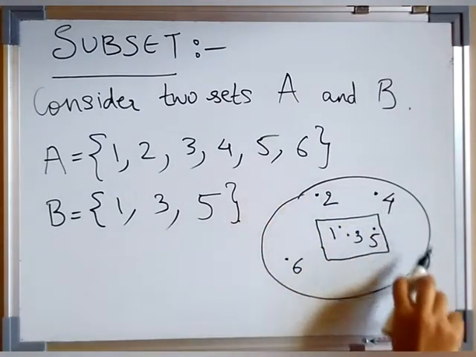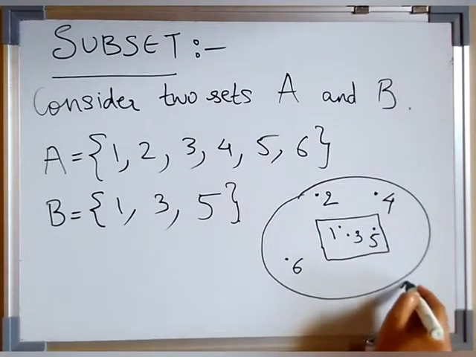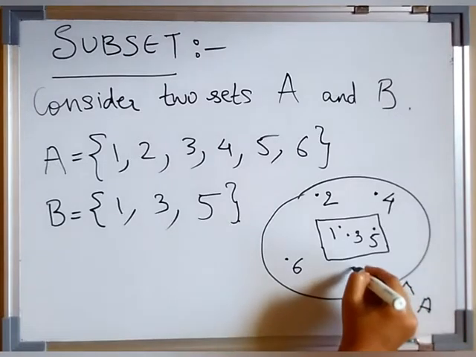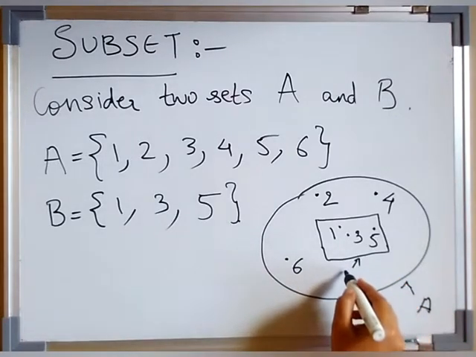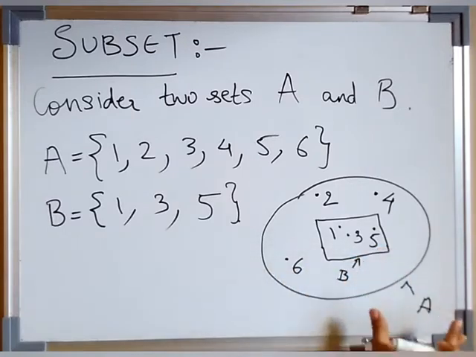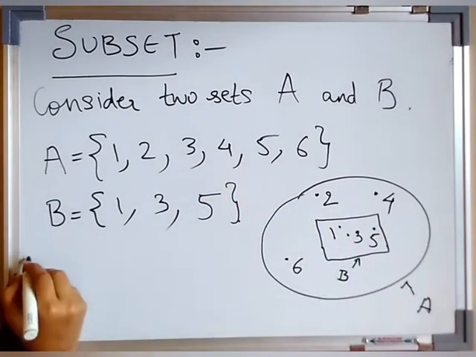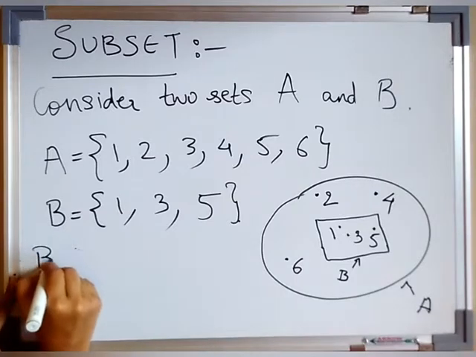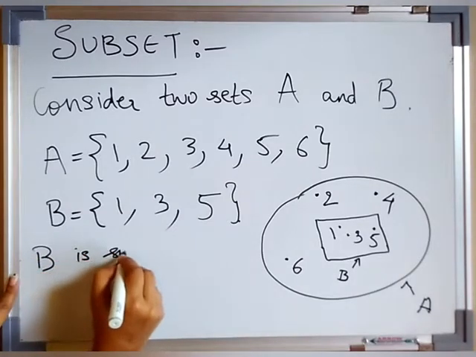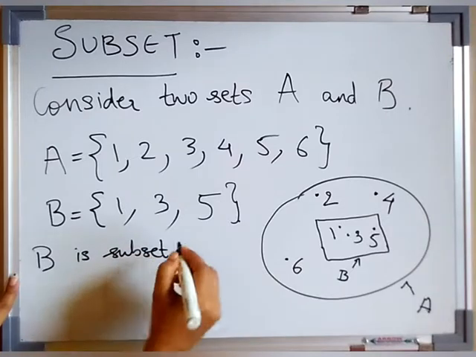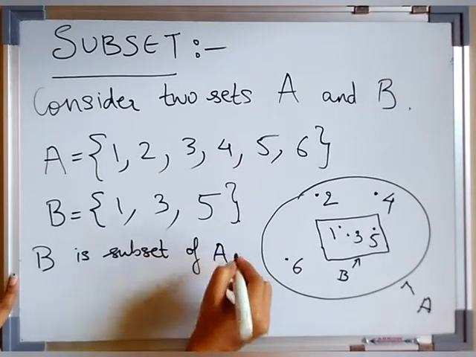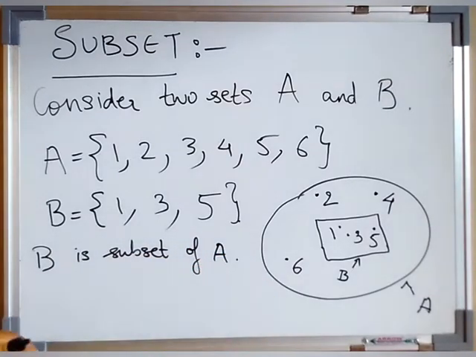So this bigger circle represents set A and this small rectangle represents B. B is contained inside A. So B is a subset of A.